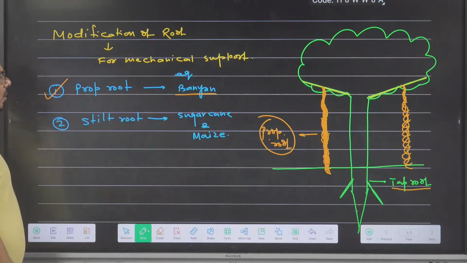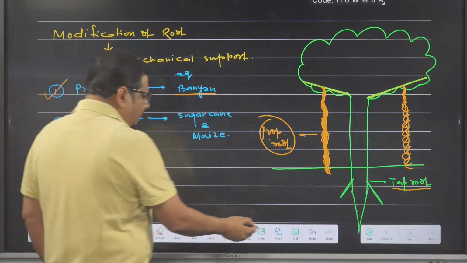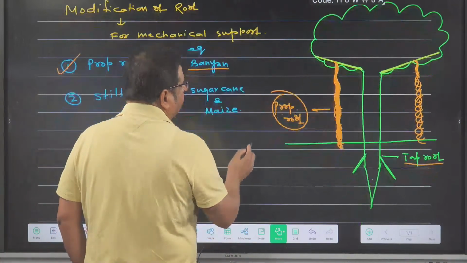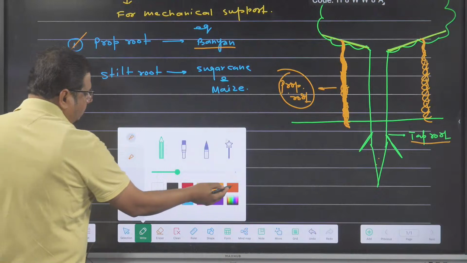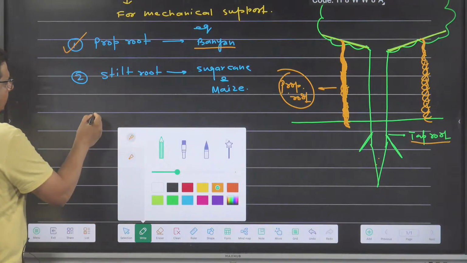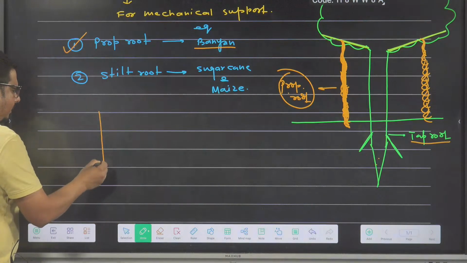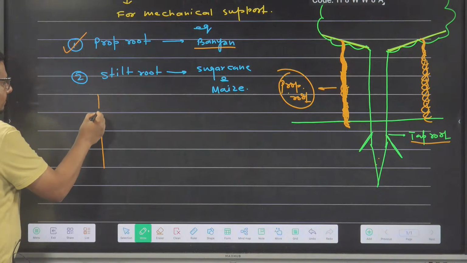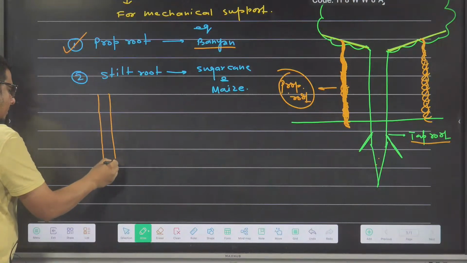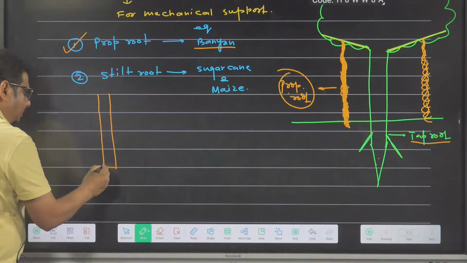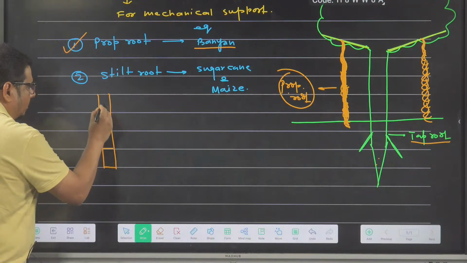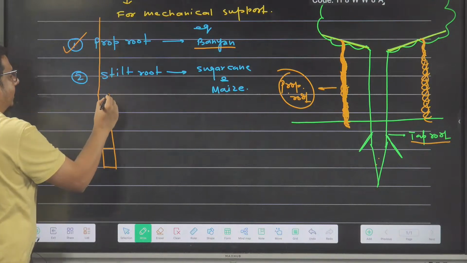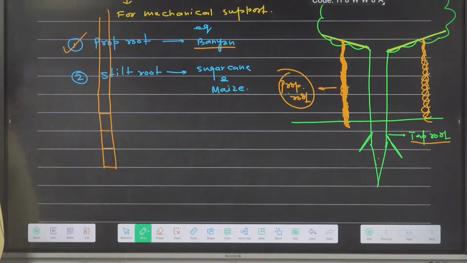Now we are going to talk about the stilt root which is present in maize and sugarcane. Give your attention. Have a look here. Suppose that this is the sugarcane plant. It is going like that up. Got the idea?